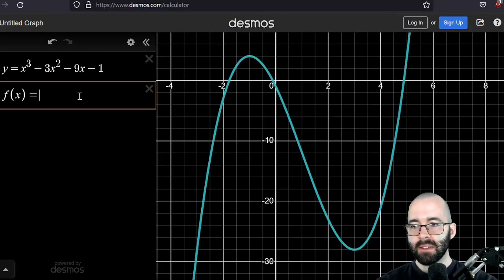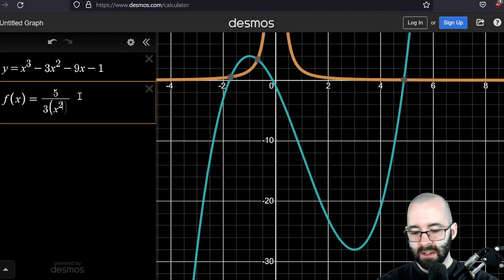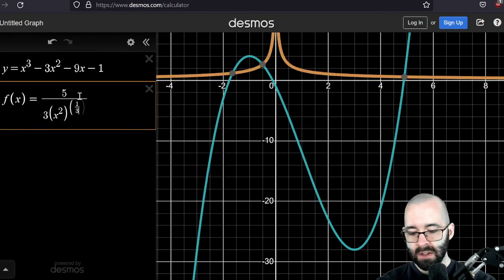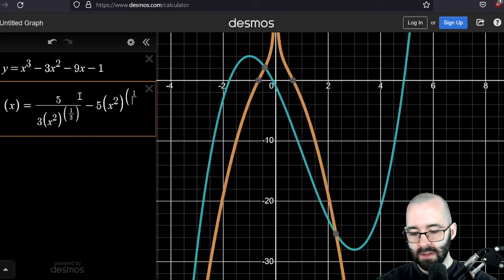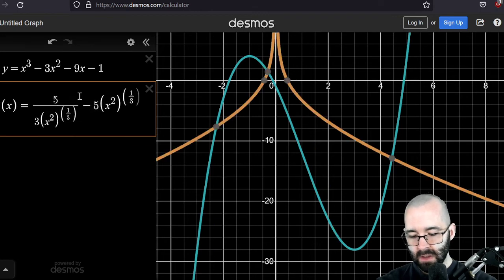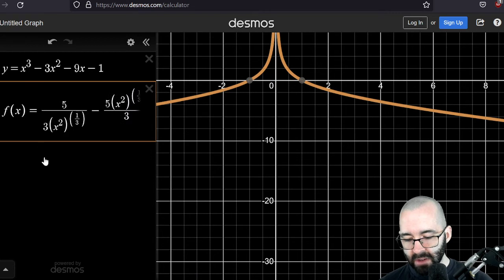Again, if f of x is equal to 5 divided by 3 times the cubed root of x squared, you can type in cubed roots as an exponent of 1/3 like this, minus 5 times the cubed root of x squared, all over 3. That is our derivative.